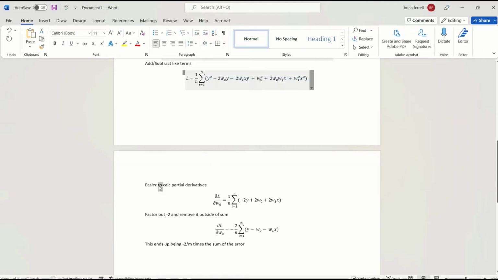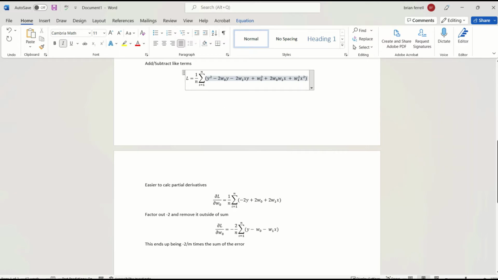Because it's easier to calculate the partial derivatives, and I don't know to the extent that you know calculus, but basically for the partial derivative of our loss with respect to weight 0, all we have to do is look at the terms that have weight 0 and then do our calculus, right?